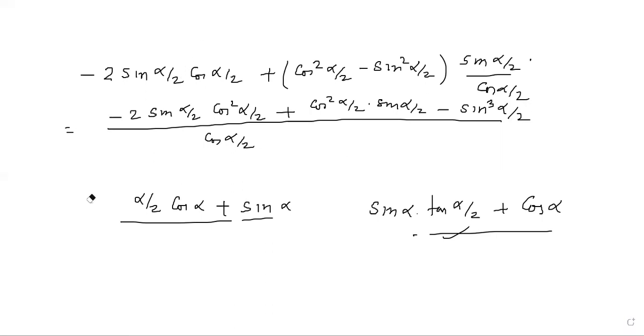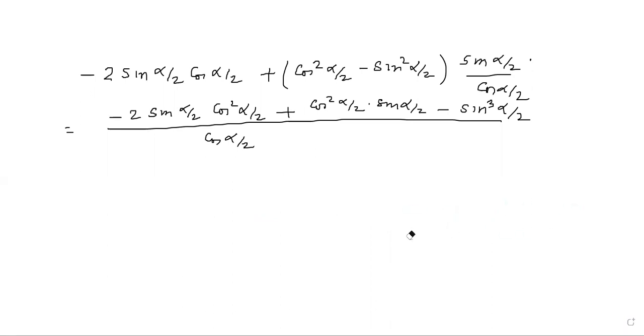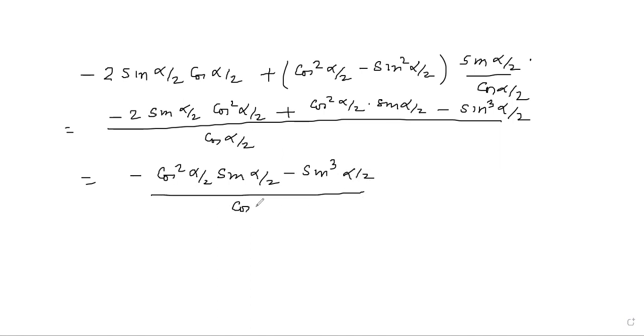So let's simplify it further. This is cos square alpha by 2 times sine alpha by 2. This is double of it. So minus cos square alpha by 2 sine alpha by 2 will be left from here, minus sine cube alpha by 2, divided by cos alpha by 2.